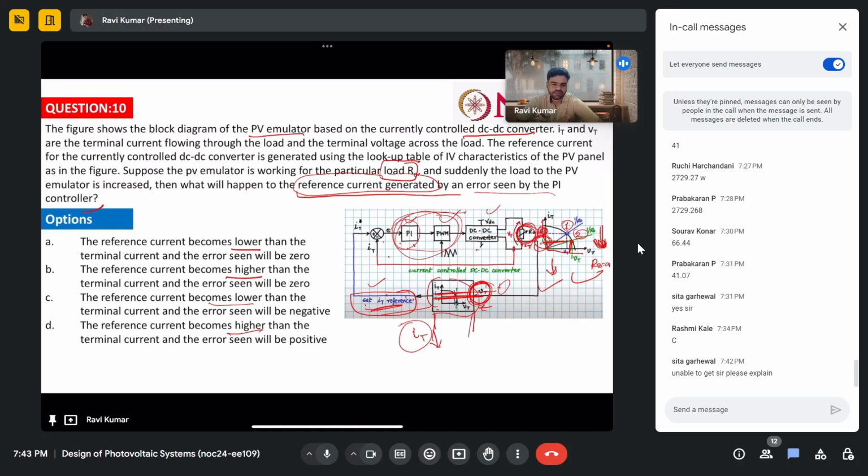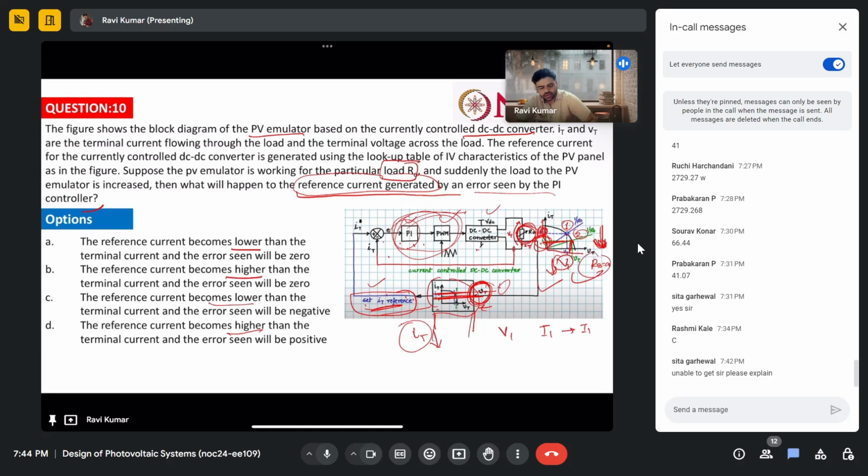So this is the way we can generate complete IV characteristics. Let's say first there was some V, V1. First we have V1 corresponding to I1 as a reference value, and this controller circuit gave us I1 again.